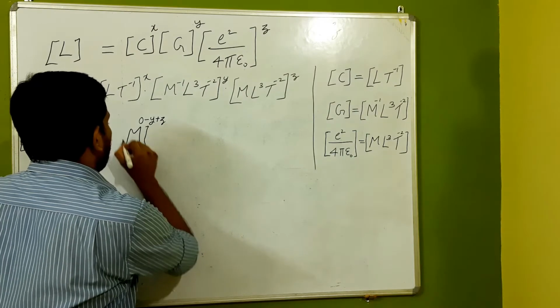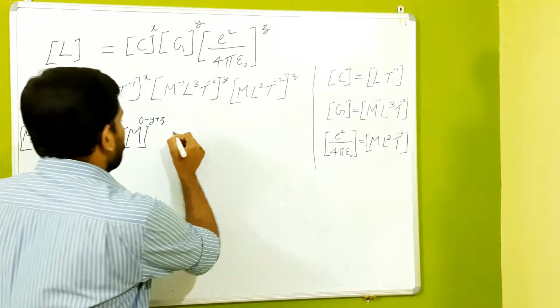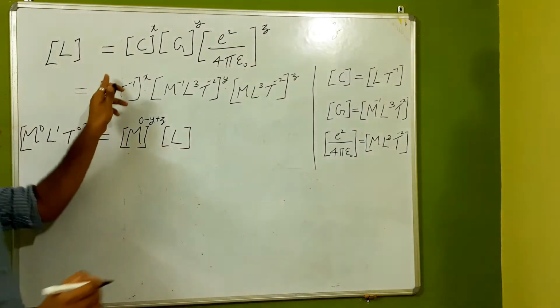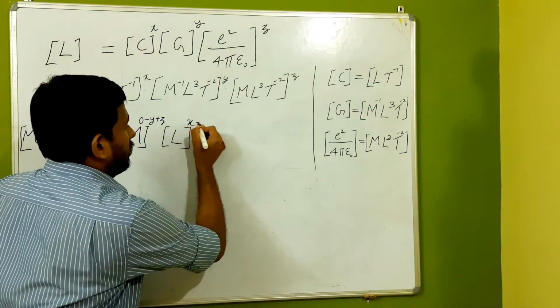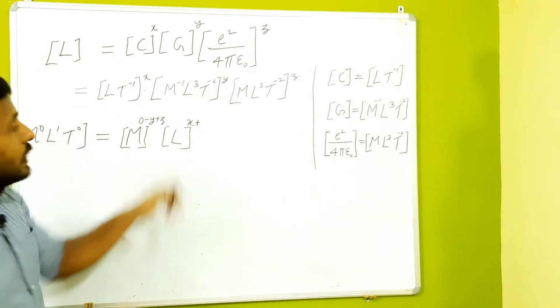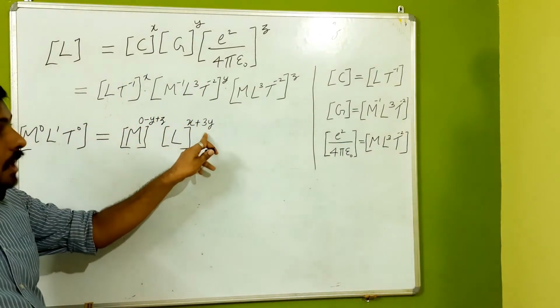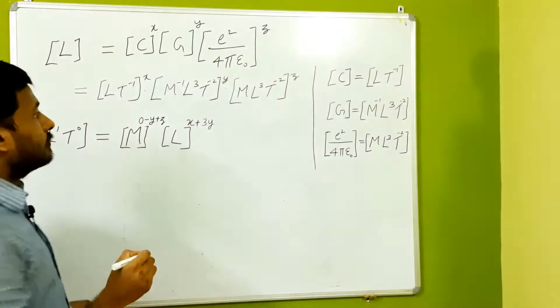So this is the dimension of mass. And then we have length. For length we have x here, that is 1 into x, plus 3 into y, then 3 into z.